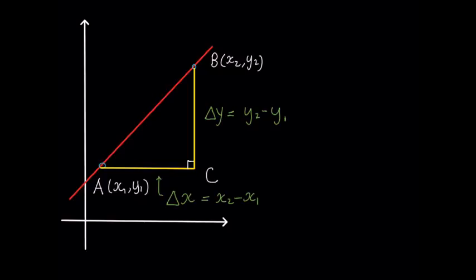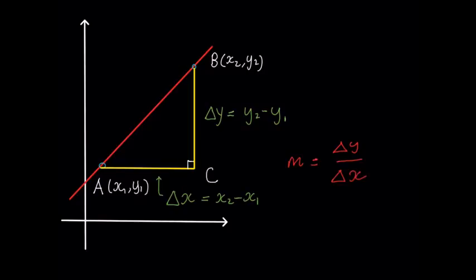The gradient, or the slope of the line along AB, if we call that m again, we can write m is equal to the change in y, delta y, divided by the change in x, or delta x.